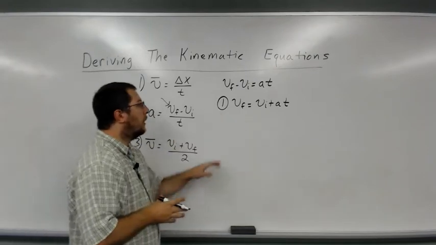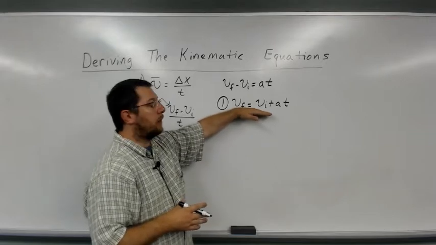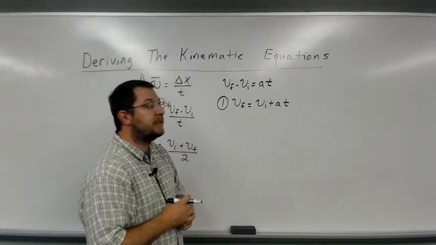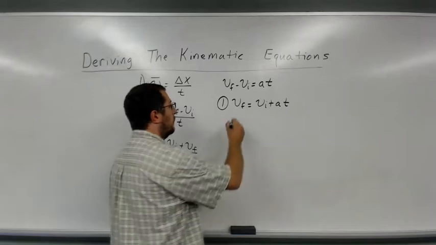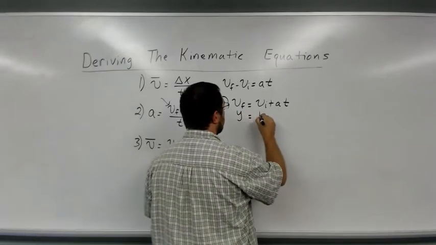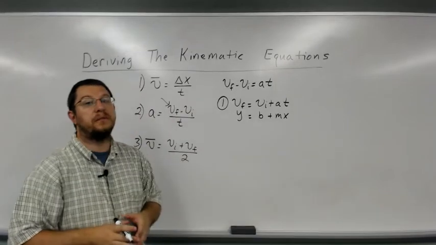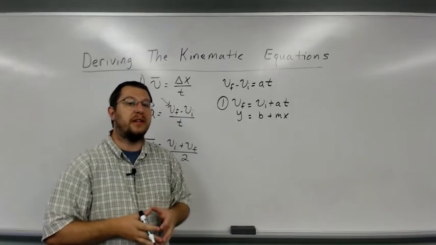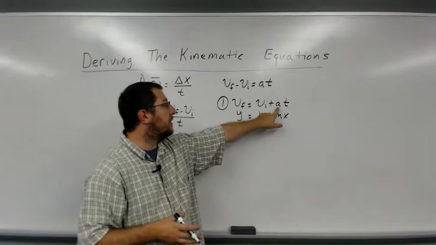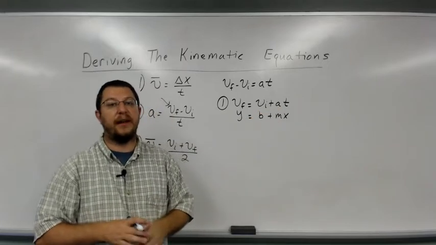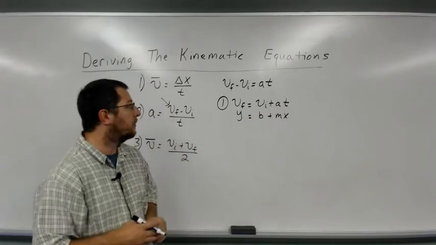Now, one thing to note here is this equation has the form y equals b plus mx. So the first kinematic equation is actually the equation of a linear line if we assume that our acceleration is constant, and for almost all of our cases we will.